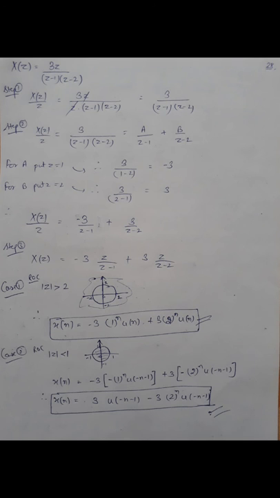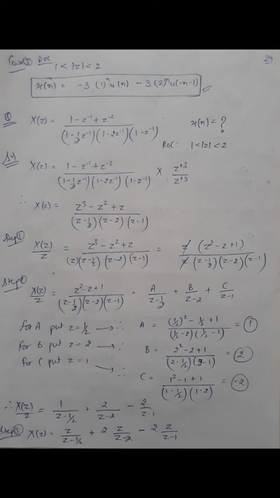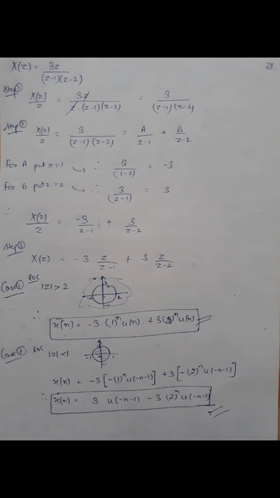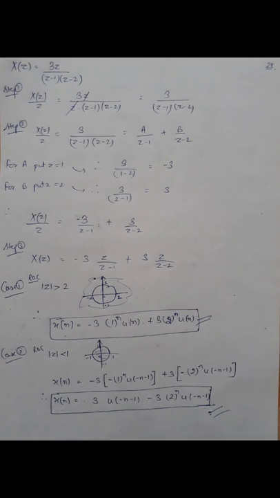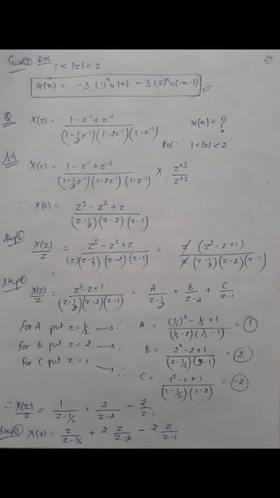Open the bracket. The last case is the important one, that is mod of z greater than 1 and less than 2. For the z upon z minus 1, the pole is at z equal to 1. So in that case we take the ROC of the first part, that is, the answer from the first part, minus 3 times 1 raised to power n u(n).